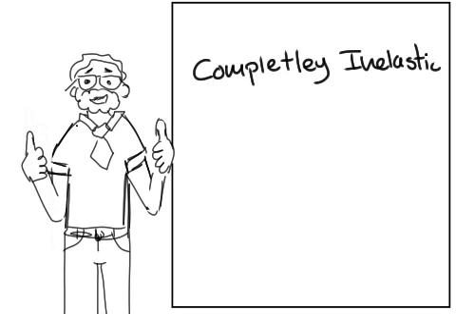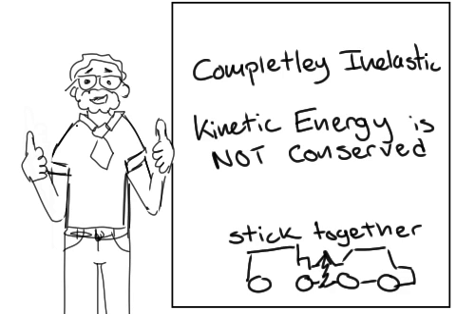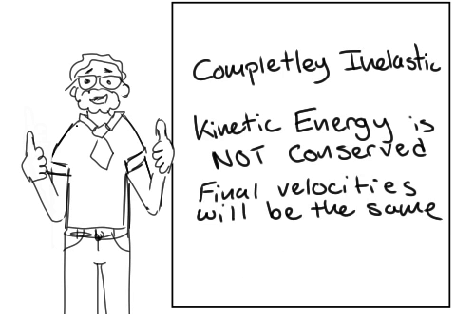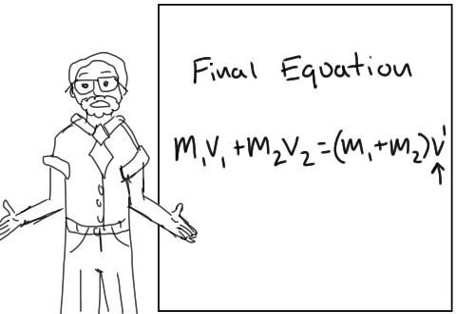That is because our collision will be completely inelastic, meaning that kinetic energy will not be conserved and the vehicles will stick together. This means that the velocities will be the same. We can note this as one variable, the variable we will be using, v prime. Our final equation is m1 v1 plus m2 v2 equals m1 plus m2 times v prime.